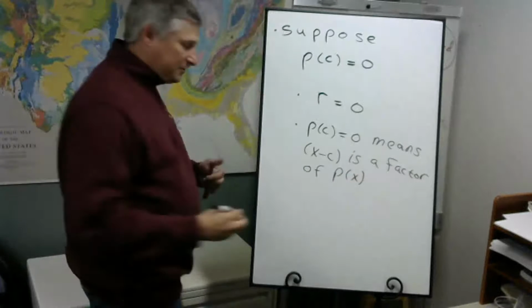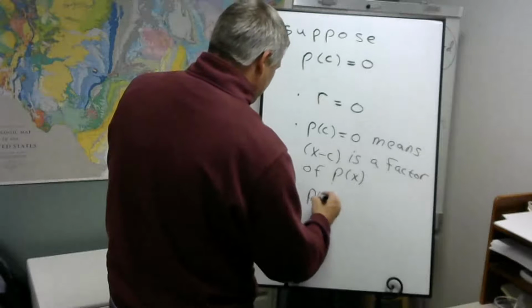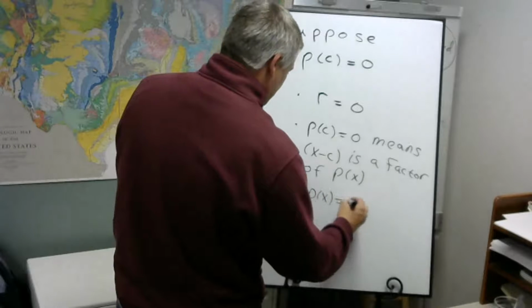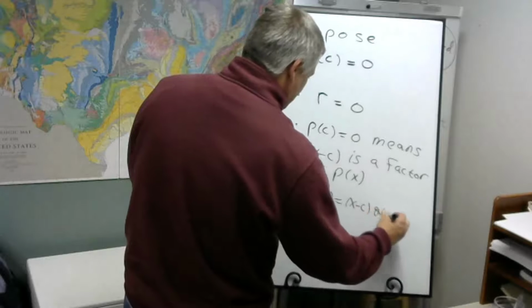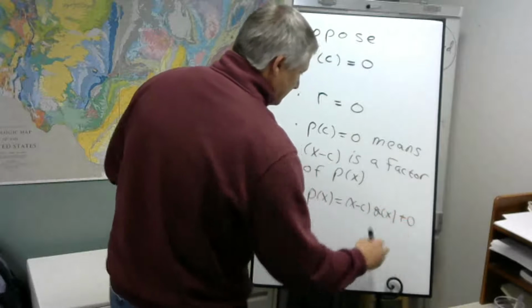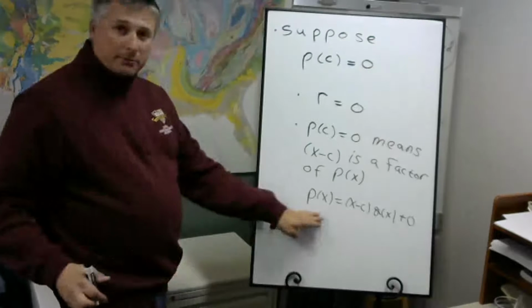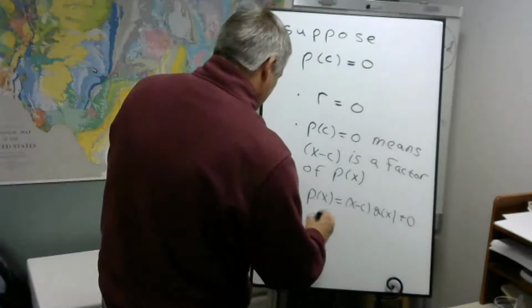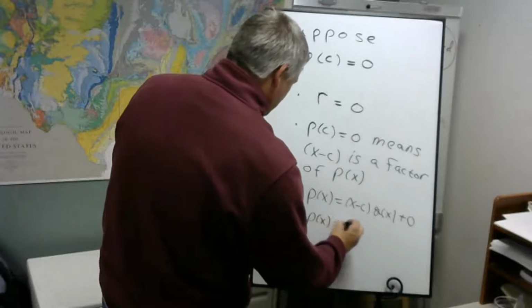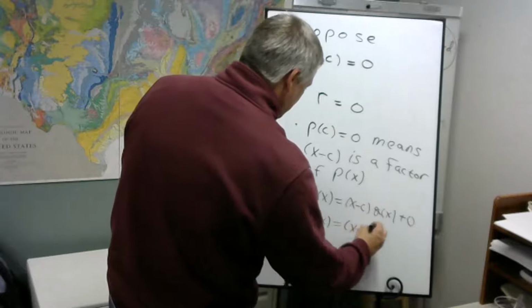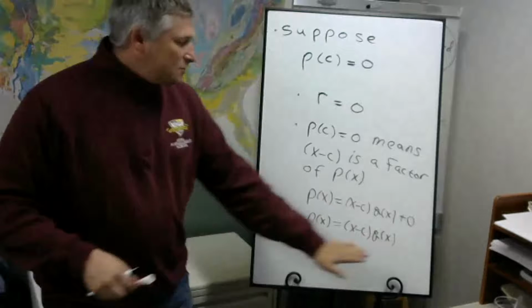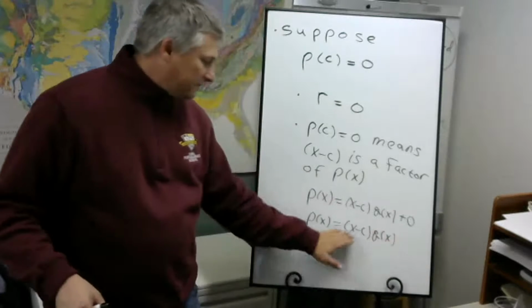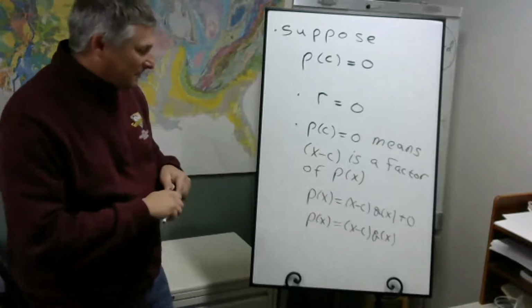In other words, since r is 0, we can rewrite this like so. So if there's no remainder here, this is a factor of P of x.